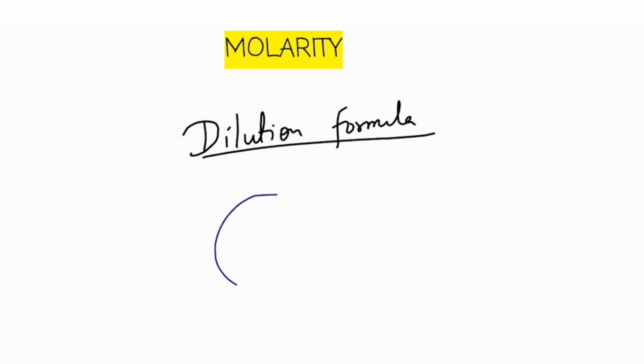Now after this we will see the dilution formula. Suppose we are having a solution, solution 1, and this solution is a concentrated solution. Now what do you mean by dilution?